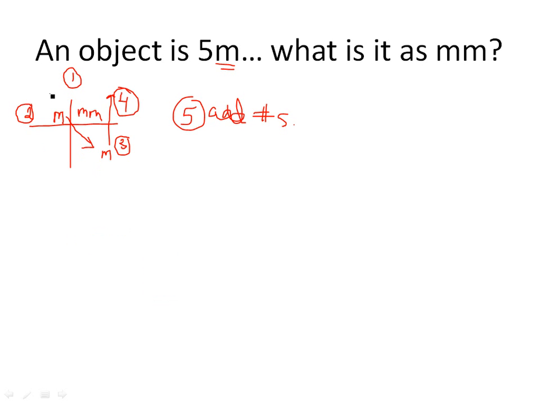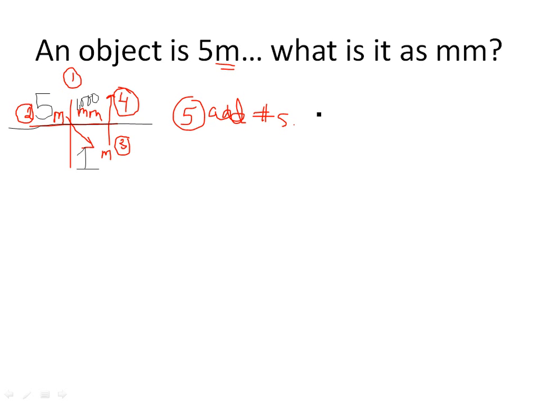So at this point, if I add in what I know, I have 5 meters. And now over here you have to add in, well, what's the relationship between the two? Well, for every 1 meter, I have 1,000 millimeters. Now let's just do the math. This is my dividing line.